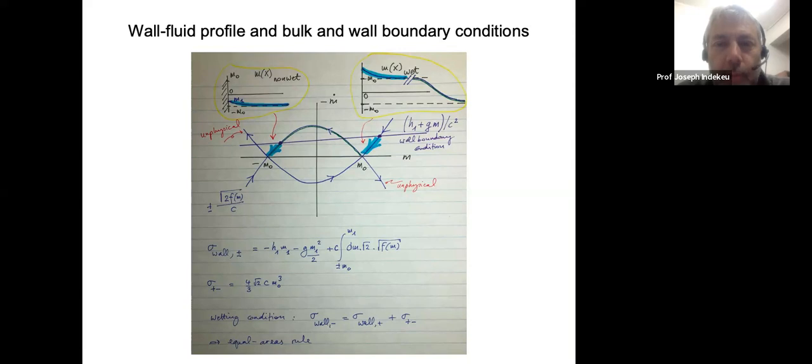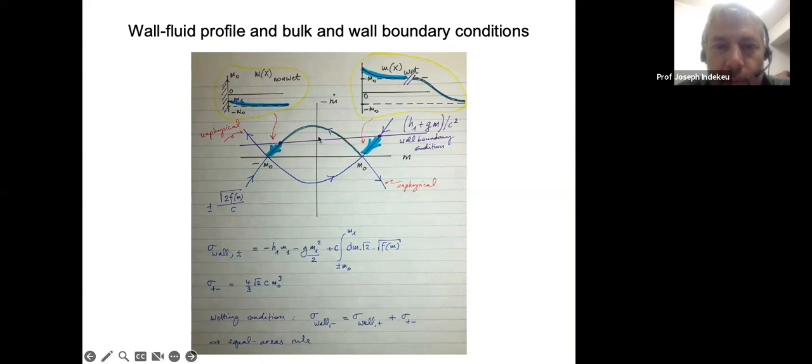And the star means that we can still consider this solution even when the wet state is the stable state. So we can still consider this solution as a local minimum of free energy, as long as this intersection and that intersection here are different.